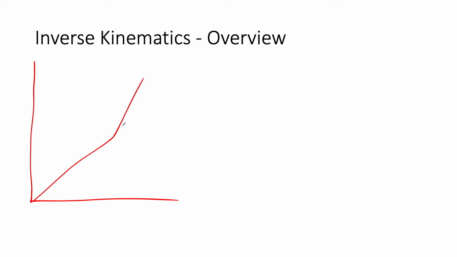So let's take a quick look at what inverse kinematics looks like and what we're interested in. Similar to our forward kinematics, we have these links that we're interested in. We have one of length L1, and one of length L2.